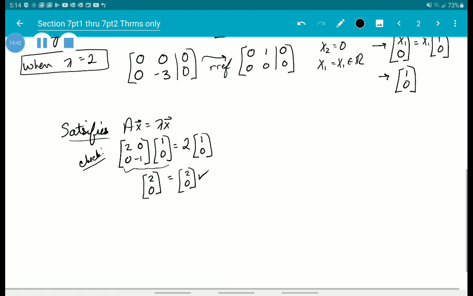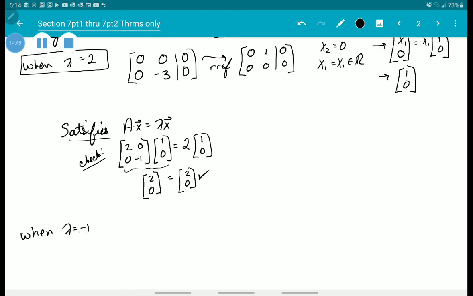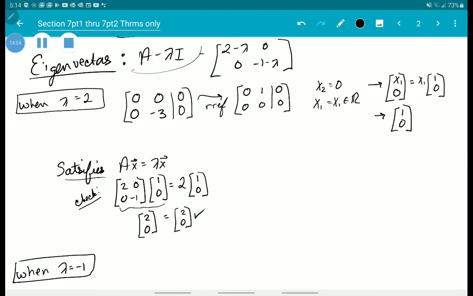Now, but we did have 2 eigenvalues, so let's find the other eigenvector. So when lambda is equal to negative 1, we're going to plug that negative 1 back into A minus lambda I. So we're going to have 2 minus negative 1, which is 3. And then negative 1 minus negative 1 is 0.